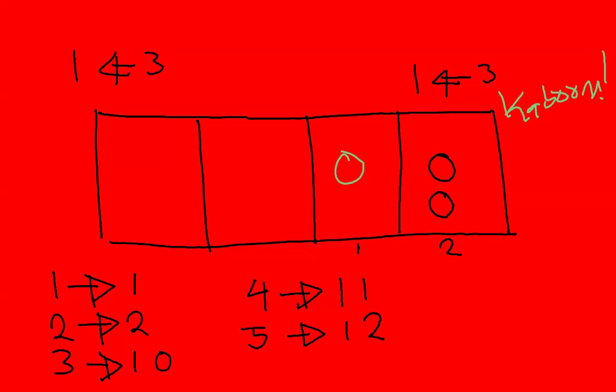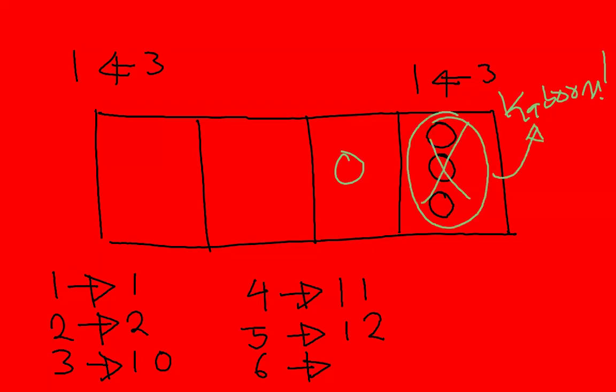Now, what happens if I add in a 6th dot? I'll just clear that. The 6th dot is going to create something interesting. If I add in a 6th dot, I now have the required set of 3 dots to trigger an explosion. Kaboom.